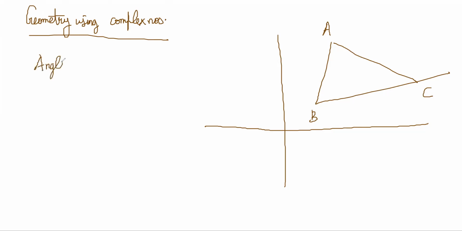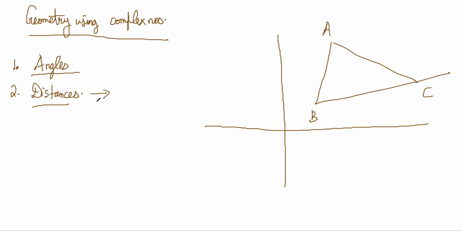Angles are super important in geometry. Also, distances are important. In a triangle ABC, you need to know the length of the sides or angles of the triangle. All basic geometry depends on distances and angles, and then you come to many properties.